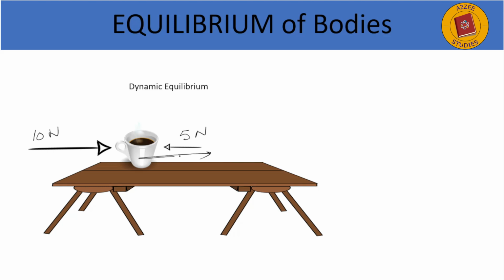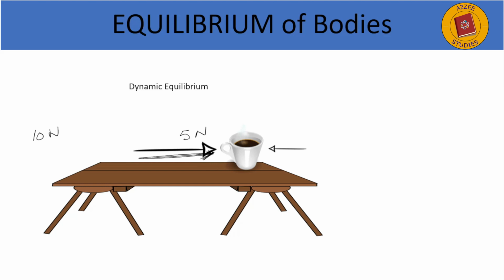But the body will be sliding at a constant velocity, right? There will be no acceleration of the body. Then we can tell that the body is in dynamic equilibrium. The body is sliding but there is no acceleration, so there is a dynamic equilibrium.